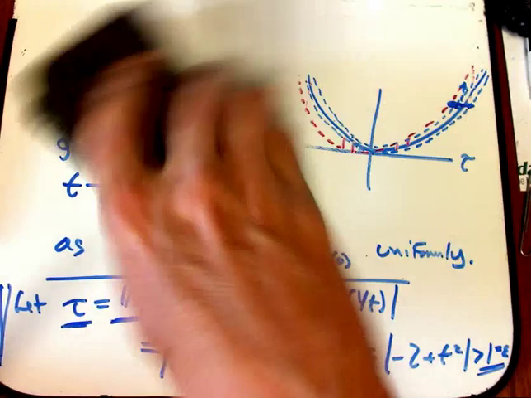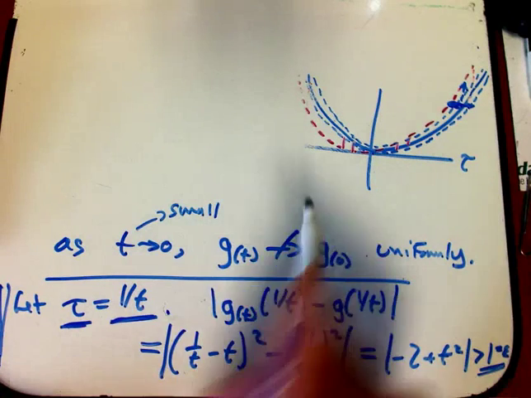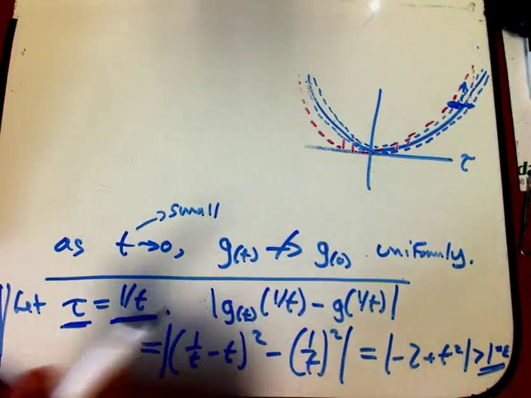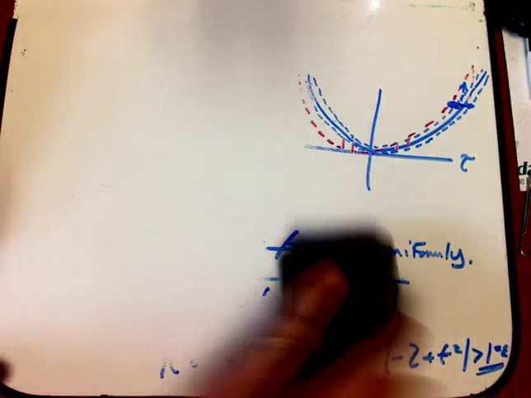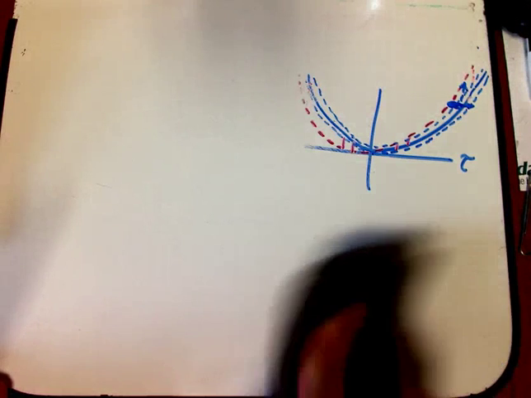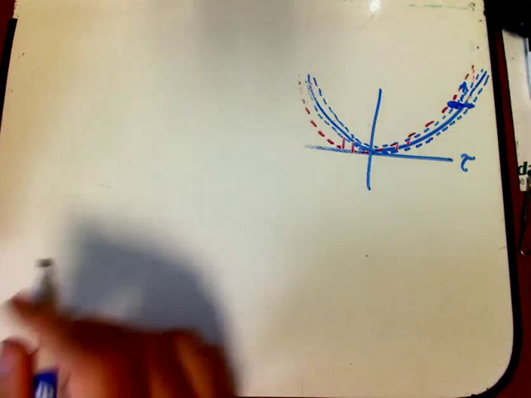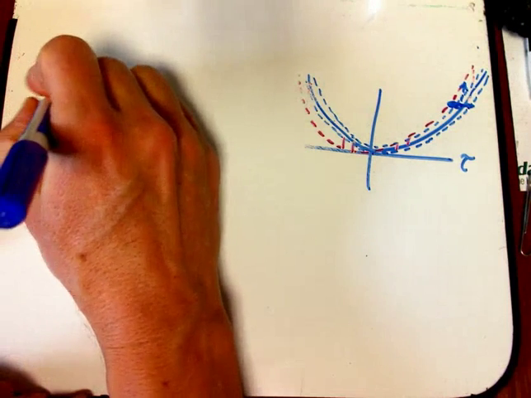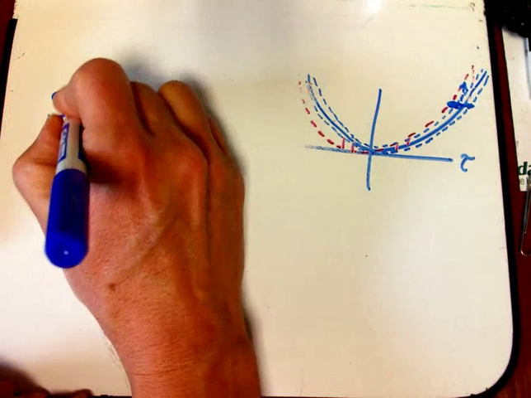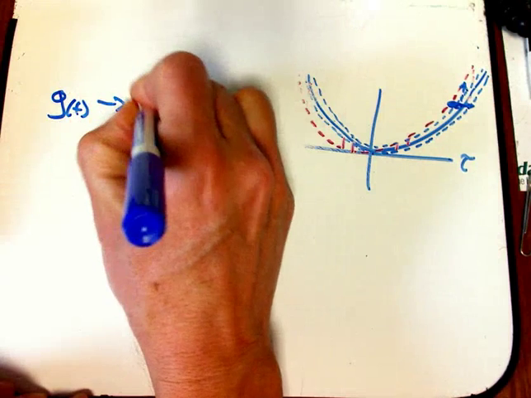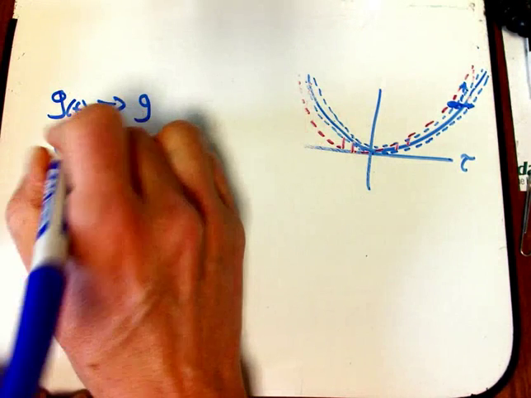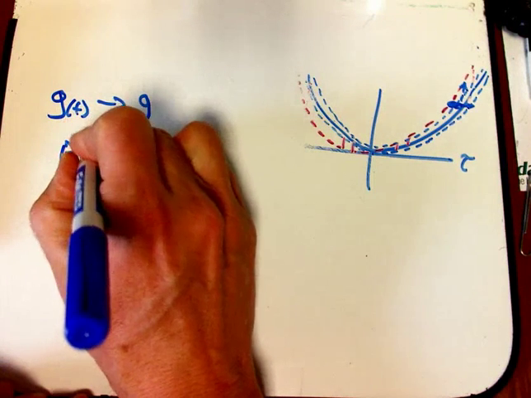Okay, so one thing that's important though is, let me contrast this again. I have chosen not to make a huge digression into concepts like uniform convergence, things like that. It is true in this particular example that g_t goes to g pointwise, but not uniformly.